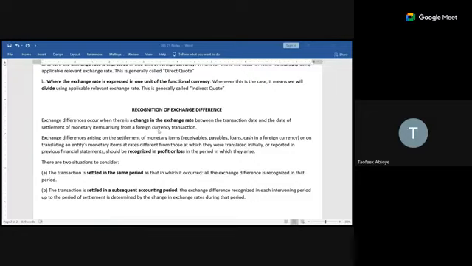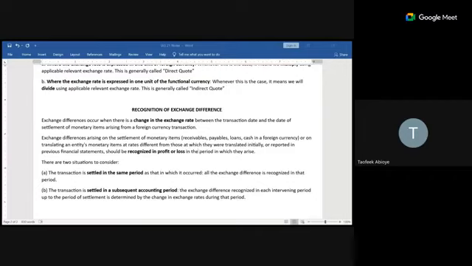Now let's go on. The standard says exchange difference arises on settlement of monetary items. Monetary items are receivables, payables, loans, or cash held in a foreign operation.